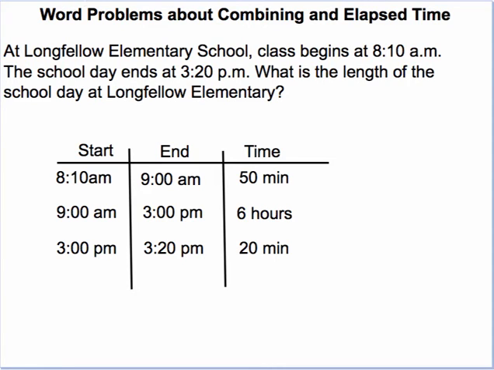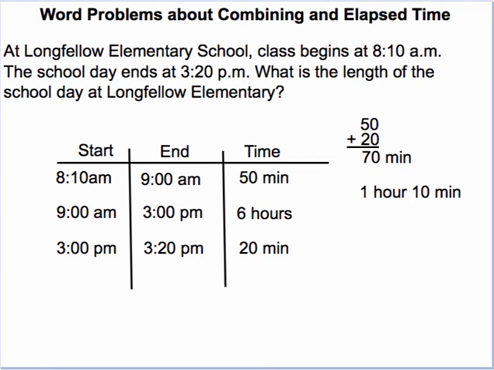Well, now I need to combine this to find out a total answer. So I need to add my like terms, which would be my minutes. 50 plus 20, and that's going to give me 70 minutes. Well, 70 minutes, I know that there are only 60 minutes in an hour, so I need to convert this from 70 minutes to 1 hour and 10 minutes.